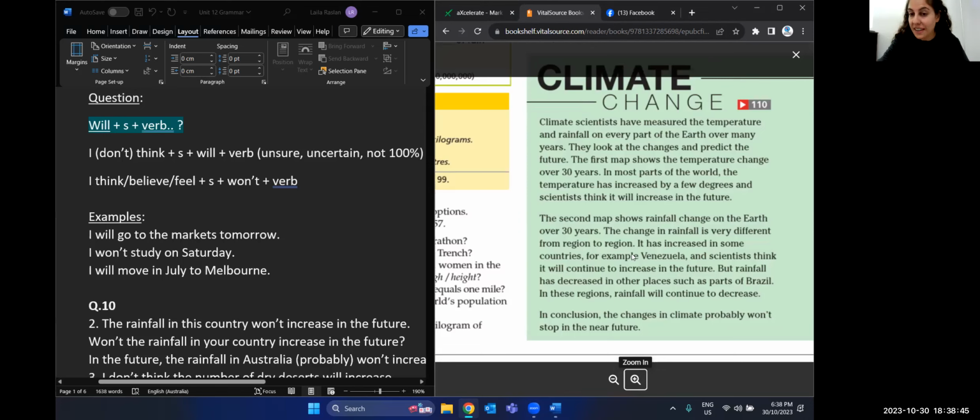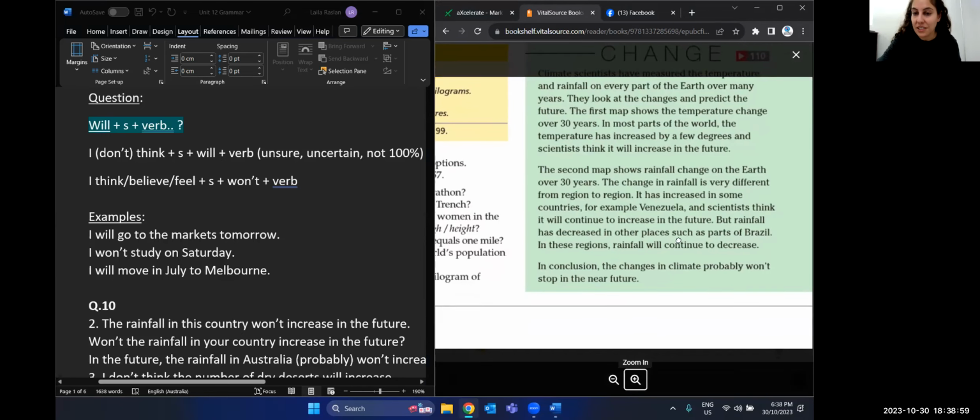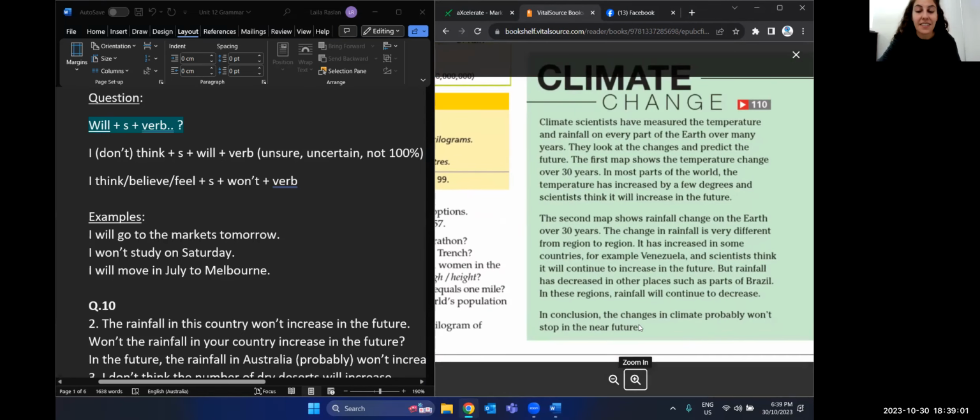After it says, for example, Venezuela, and scientists think it will continue to increase. And the last sentence, in these regions, rainfall will continue to decrease. And the last sentence, the changes in climate probably won't stop in the near future.